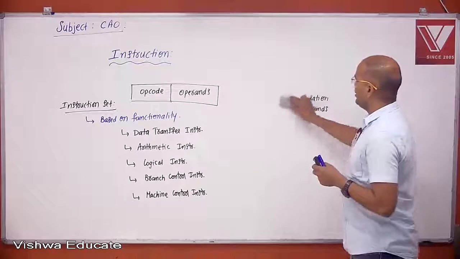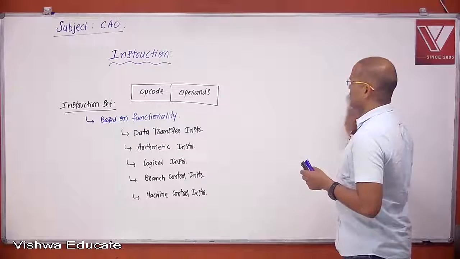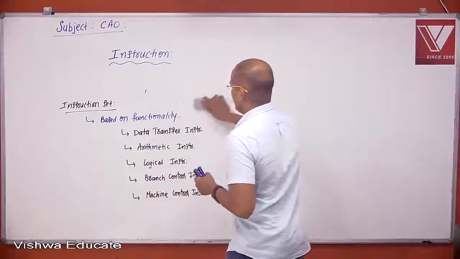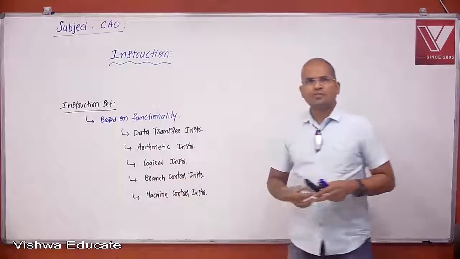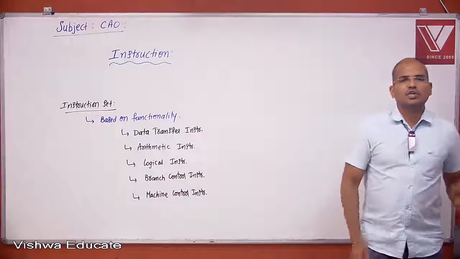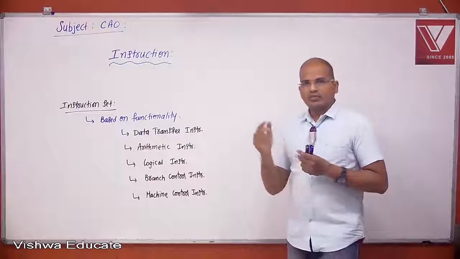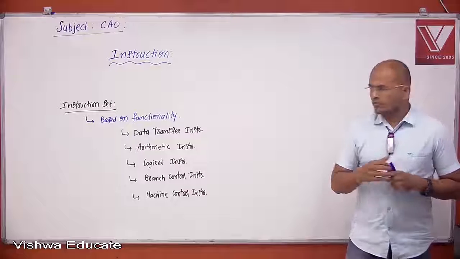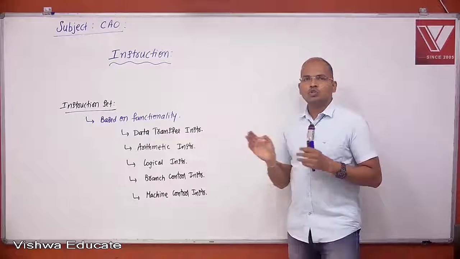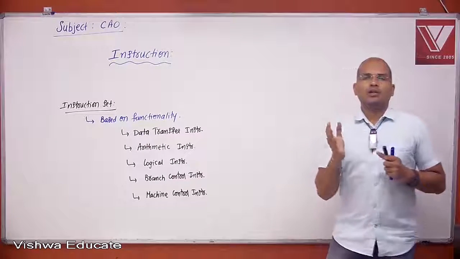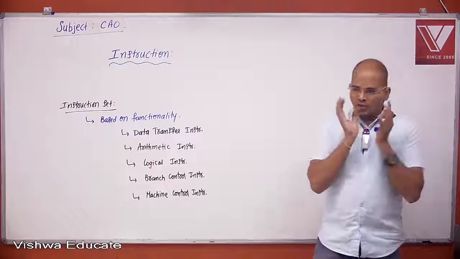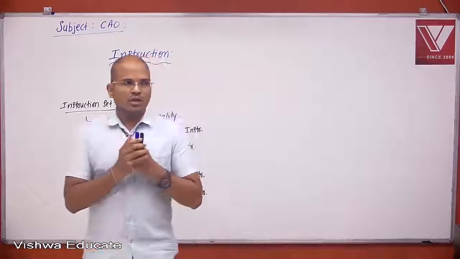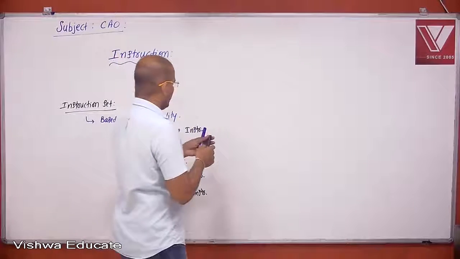what do you mean by the word data transfer instructions? The very name specifies that these instructions are used to move data from one location to another location. Isn't it true? Now the question is, in which locations is data found?